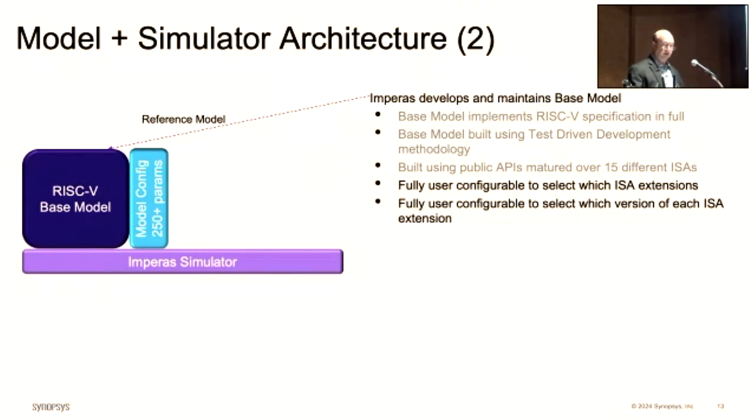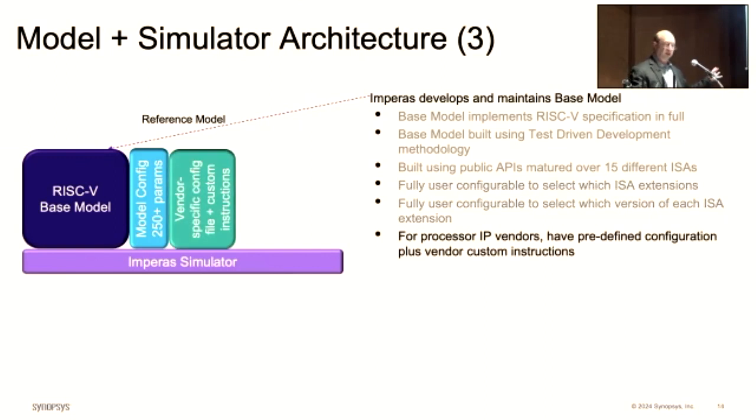So this is user configurable to select which extensions and even which version of each extension. We now support, I don't know, 4 different versions of bit manipulation, maybe 6 different versions of the vector specification, because it has been stable and users have needed a model at that version of the extension.